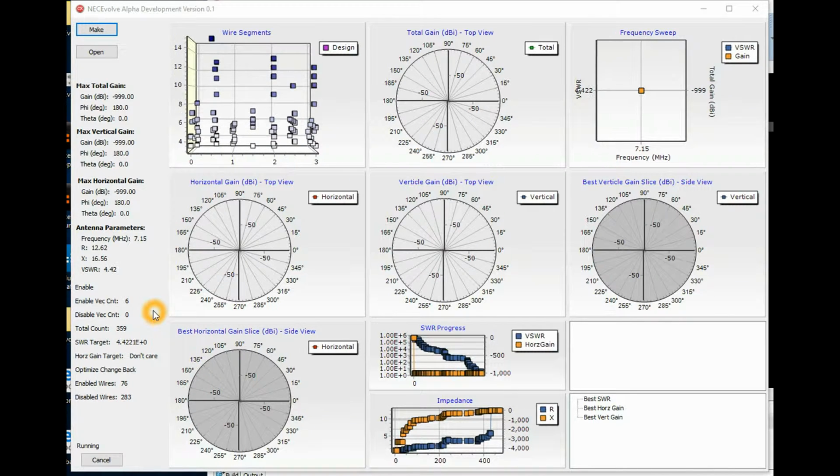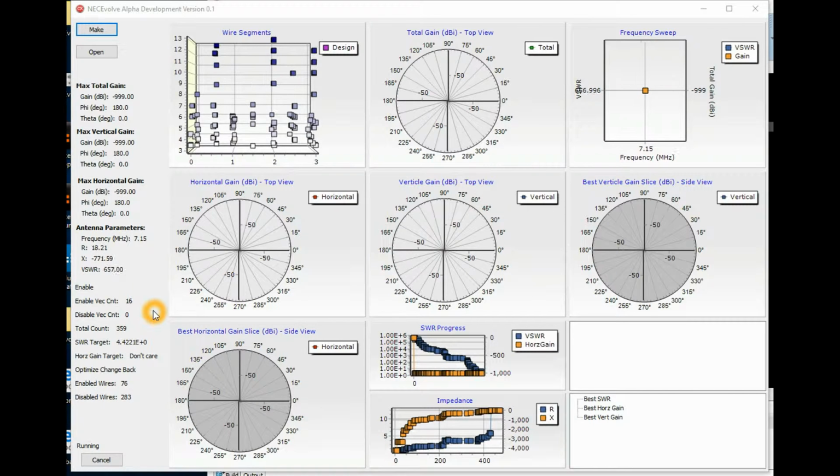When there's not so many segments, of course, it can go much faster and does slow down. Keep in mind here, I am still running it under the debugger, so there is a performance penalty there for the mathematical functions. And you'll see it continue to build here and target the SWR.